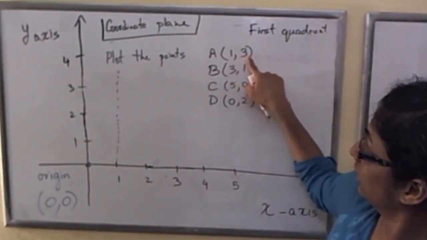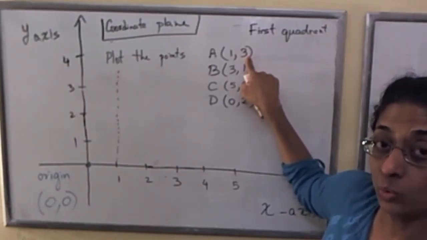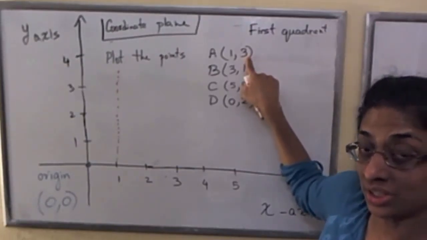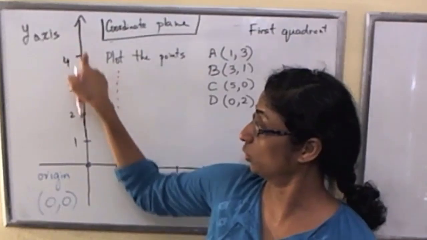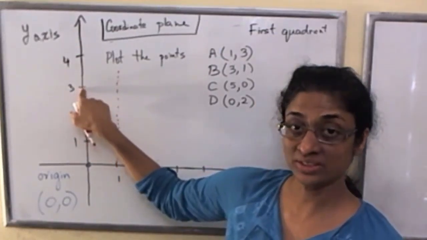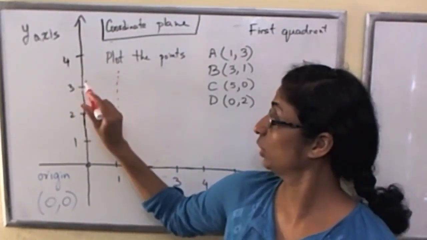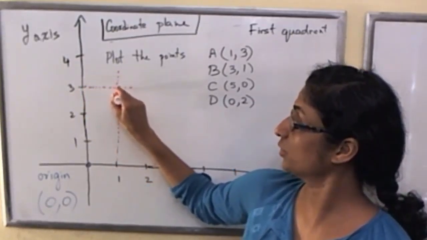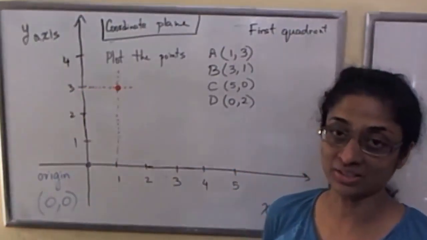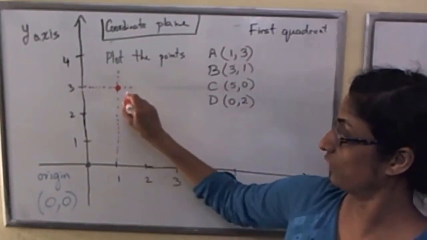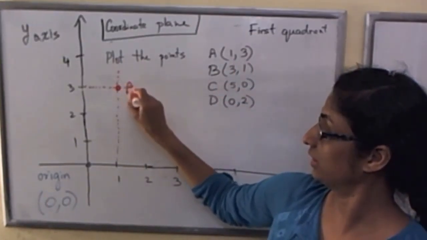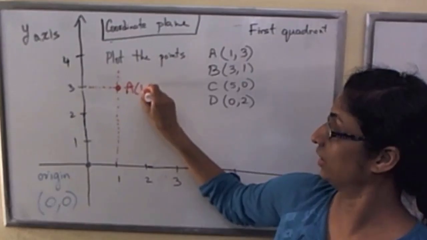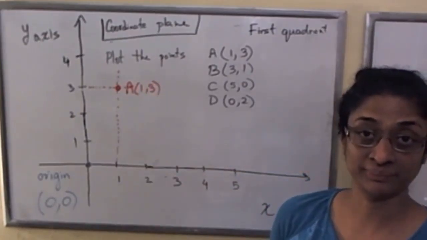Similarly, the second number, the y coordinate, which is 3, we find on the y-axis, and it's right here. Through that number we will draw a horizontal line. Where those two lines meet is this specific point, and I will label it now as A(1, 3).